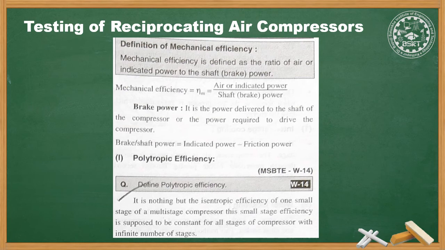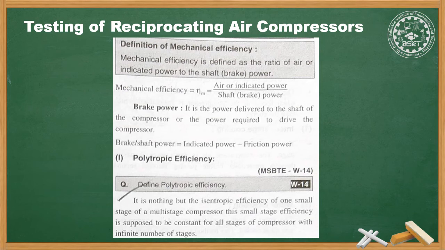Brake power is the power delivered to the shaft of the compressor. Brake power can also be given as indicated power minus friction power.